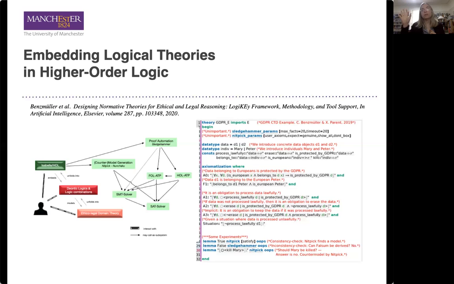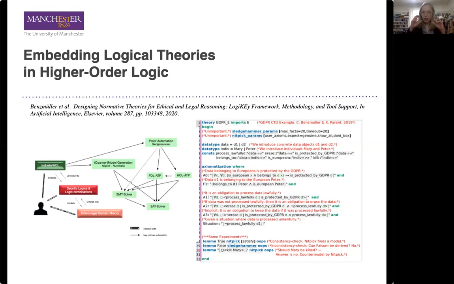What you can see in the example on the right here is an encoding of reasoning about GDPR, and again, this has quite a deontic logic flavor to it. If you look down in the middle where it says axiomatization, you've got this first one: data belonging to Europeans is protected by GDPR.